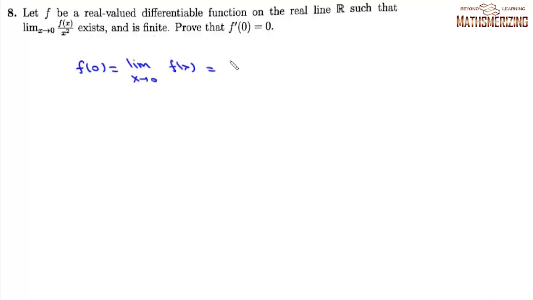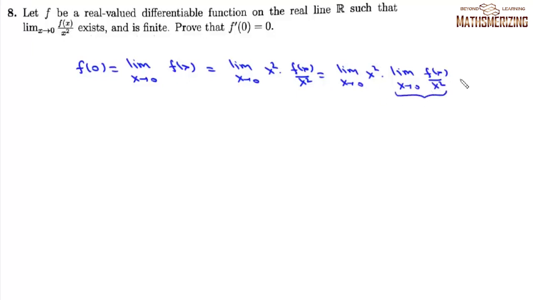Now we can write this limit as limit x tends to 0 x square into f(x) by x square. So it will be limit x tends to 0 x square into limit x tends to 0 f(x) by x square. Now this is finite and the first is 0. 0 into finite is 0.